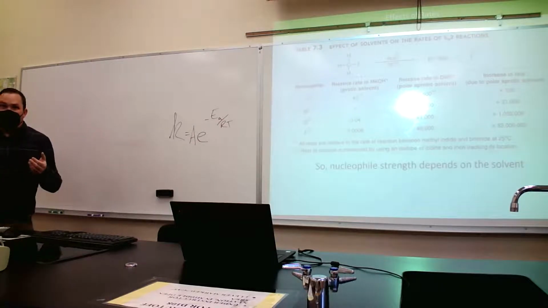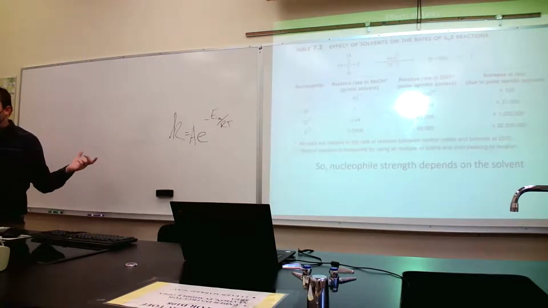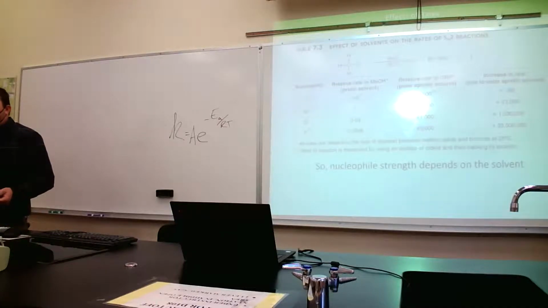If you think back to some of the different conformers we were talking about, going from chair to a boat conformer can be a difference of 10 kilojoules per mole. And that's just a conformer change, not even an actual bond breaking. So changing an activation energy by 5 kilojoules per mole is almost nothing.